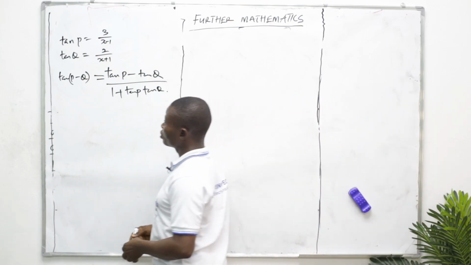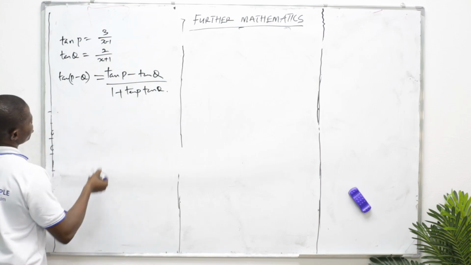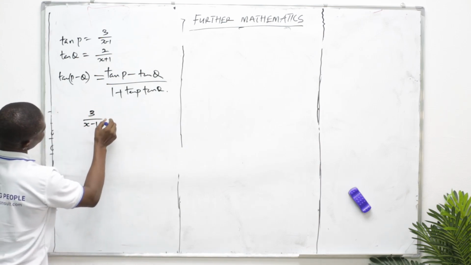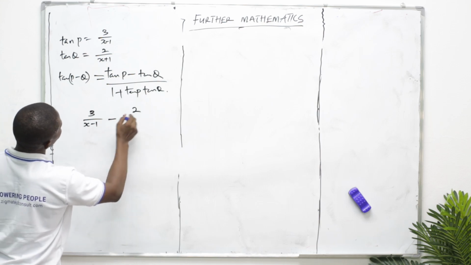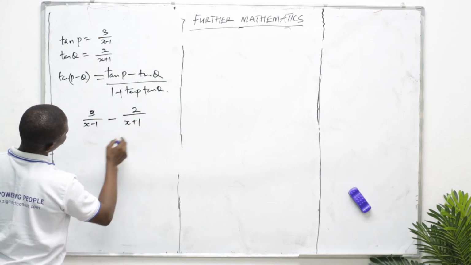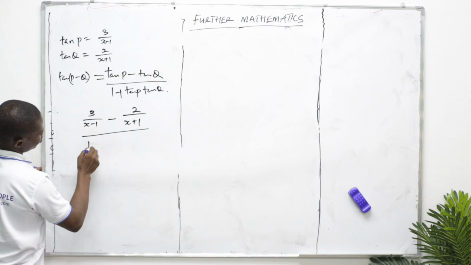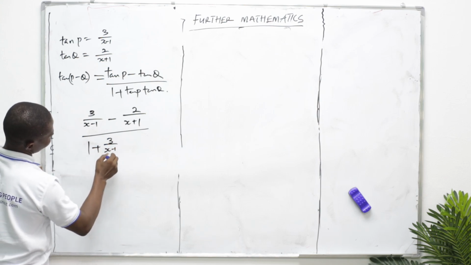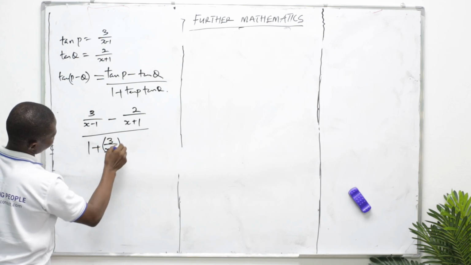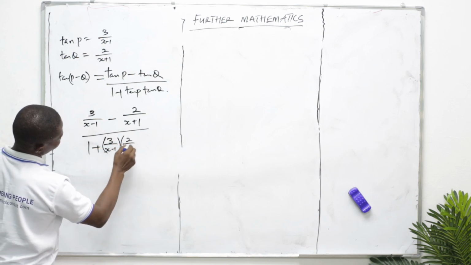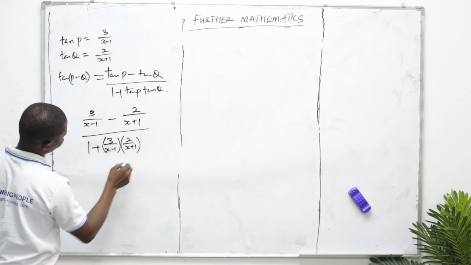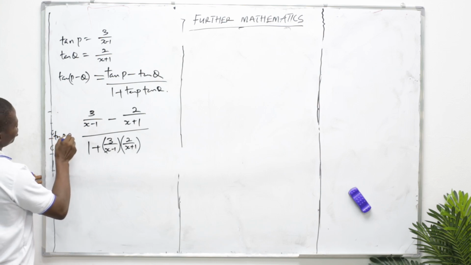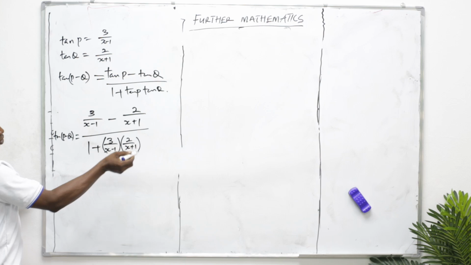We're going to say that tan P is what? 3 over x minus 1, then minus tan Q, 2 all over x plus 1, divided by who? 1 plus 3 all over x minus 1 into 2 all over x plus 1. Tan P minus Q equals this, okay?